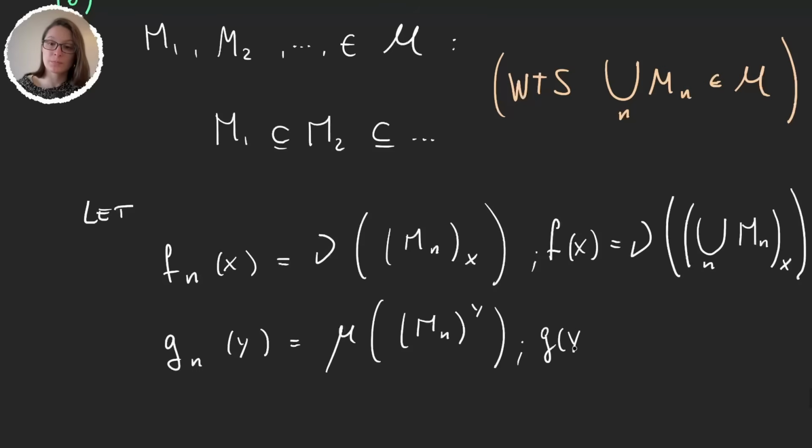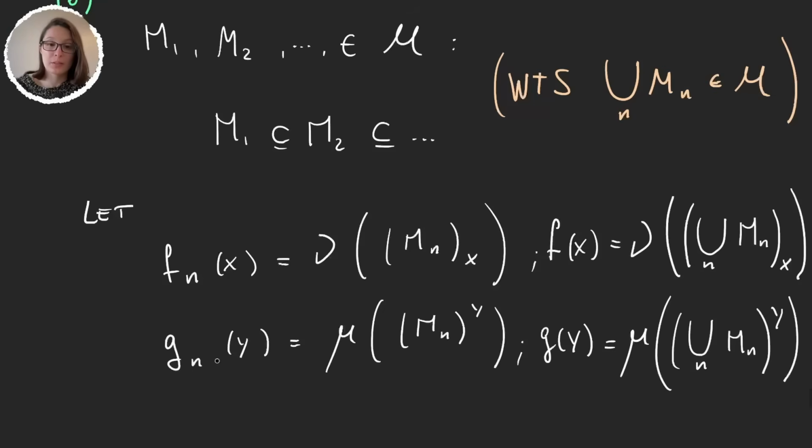G of y is going to be the measure mu of, I will take all the union, and then to all this union I take the y section. So I know everything about these functions fn and gn, all the properties they satisfy because they are already elements in M, and I want to prove that the same holds for f and g.